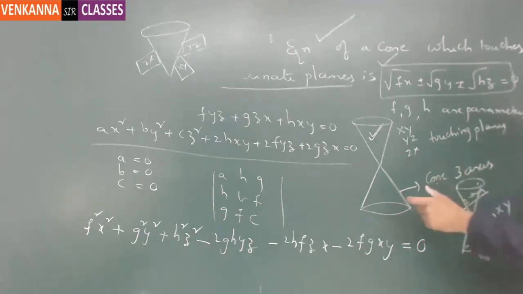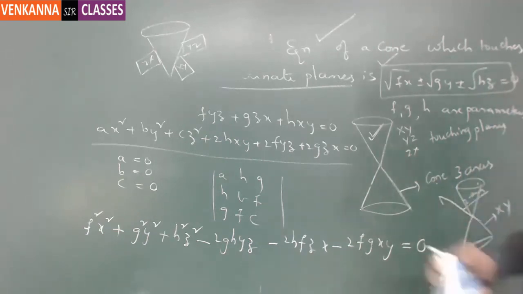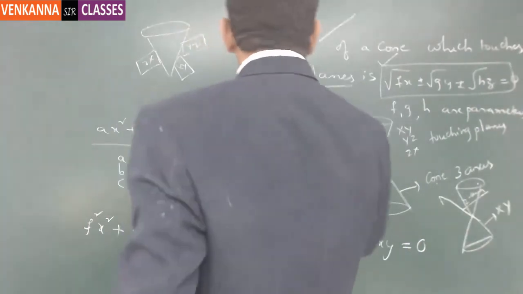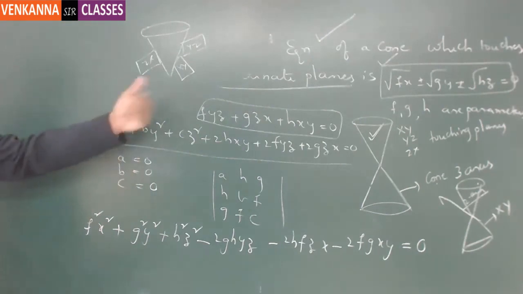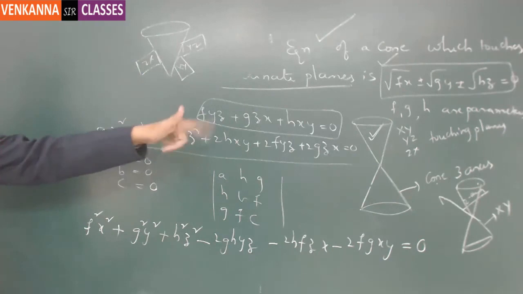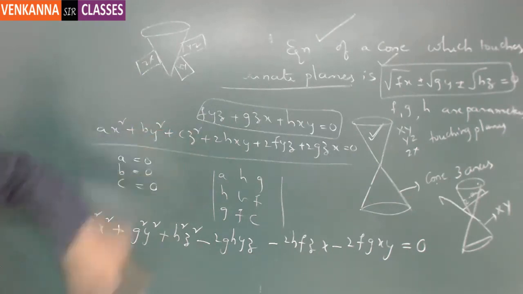I already know that the cone which is passing through three axes has the equation fyz plus gzx plus hxy equal to 0. So if I calculate its reciprocal cone, obviously it will touch the three coordinate planes. So the underlying idea: I took the cone equation which passes through the axes. The reciprocal cone of it will be touched by the coordinate planes.